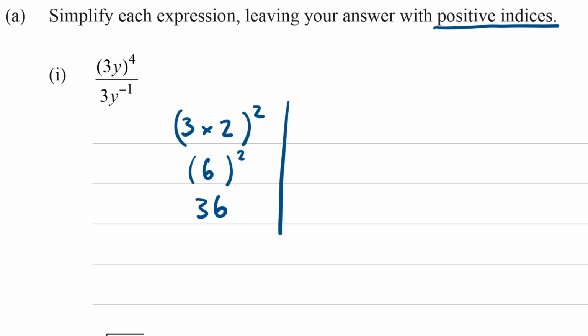Another way we could approach this is using the power rules. So whenever we just have a number or a variable with no power written up there, it's actually implied to be 1. And now this was all raised to the power of 2. Now we can distribute this power of 2 across each of these powers. So to distribute a power raised to another power, we multiply.